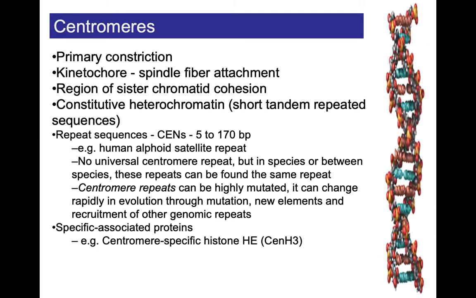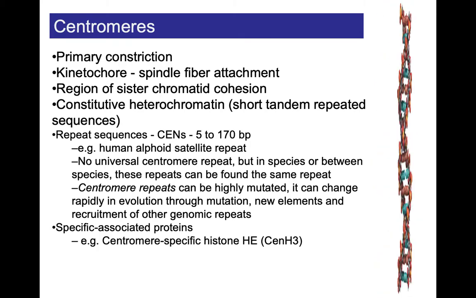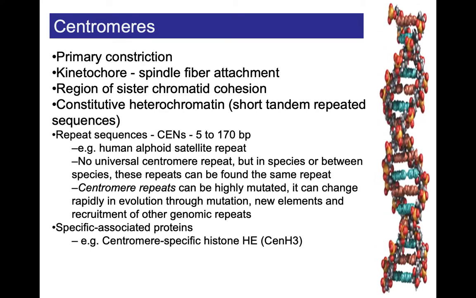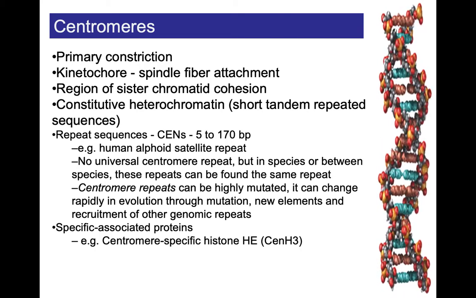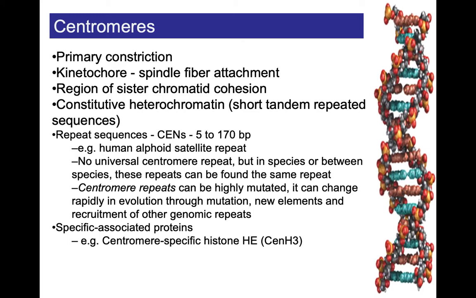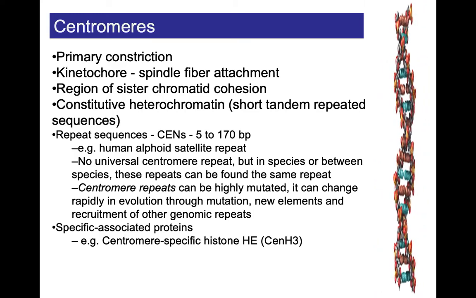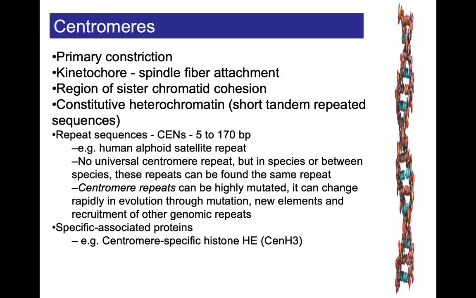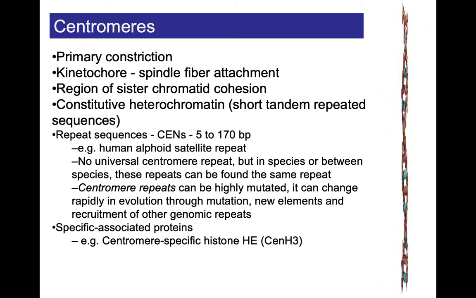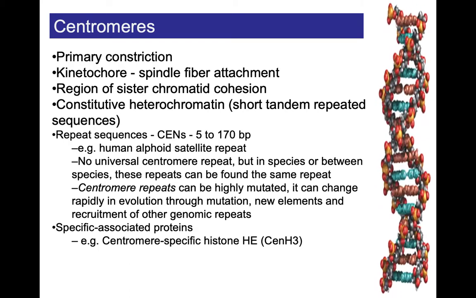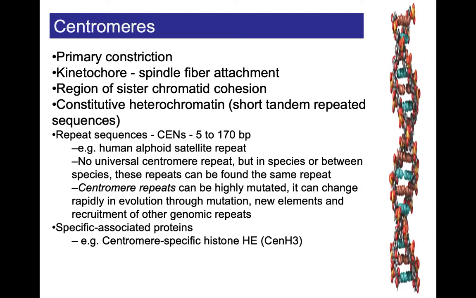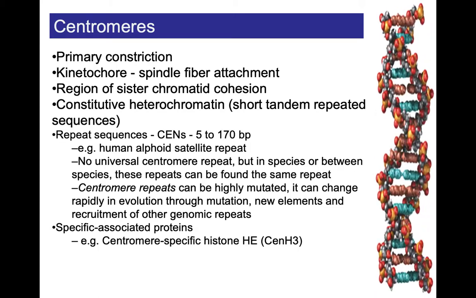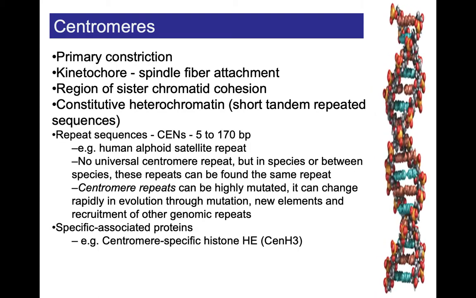The centromeric area, or the centromere repeats, are composed of short tandem repeated sequences. So they're condensed and they're constitutively heterochromatic. So they are not accessible to elements of replication and transcription. These repeat sequences can range from between 5 to 170 base pairs. As an example, we have the human alphoid satellite repeat that can serve as centromeric sequences.